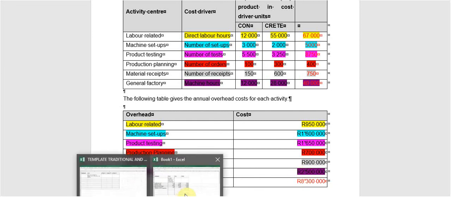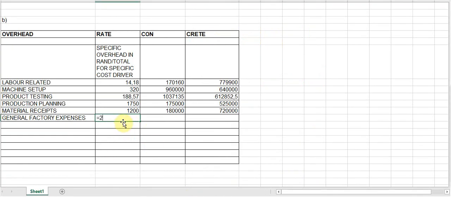So I take the 2.5 million, and I am going to divide it by the total, which was 40,000, and that gives me a rate of 62 Rand and 50 cents. I am going to take the rate and times it by the machine hours that relate to each product, which was 12,000 for Con, and 28,000 for Crete.